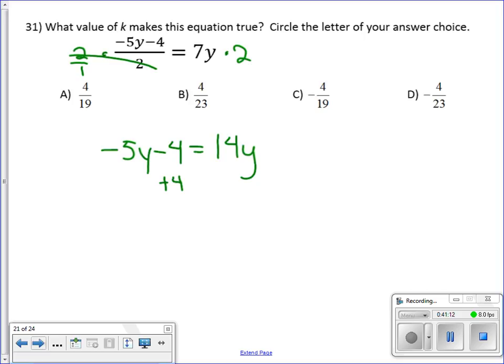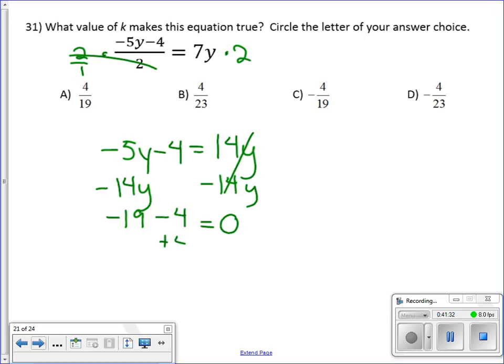Oh, excuse me, no, I'm not. I'm going to get rid of the 14 because I need to move my 14 to the other side. So I'm going to subtract 14 from here, which means I'm going to subtract 14 from here. This cancels out, and I get 0. And then this becomes negative 19 minus 4 is equal to 0. I need to add 4 now to both sides to get rid of the 4.